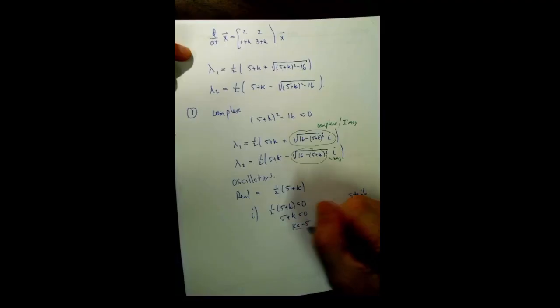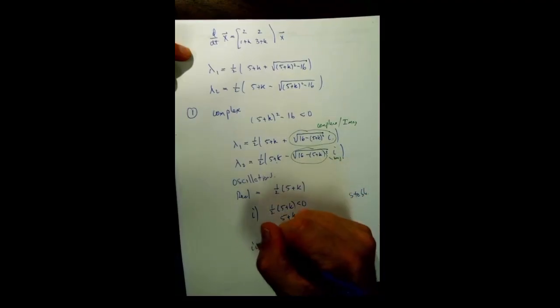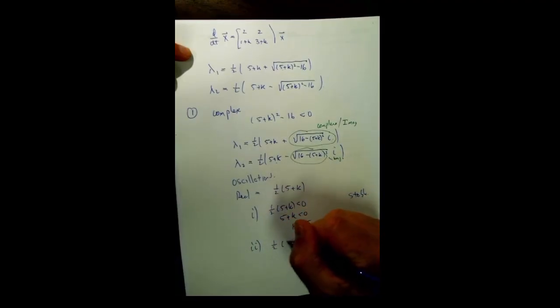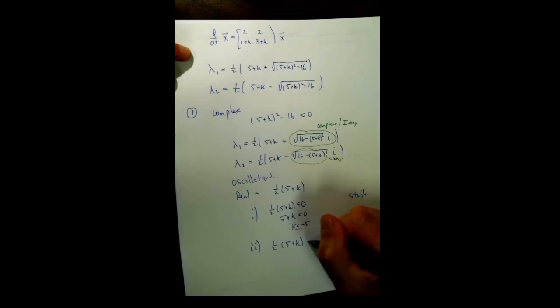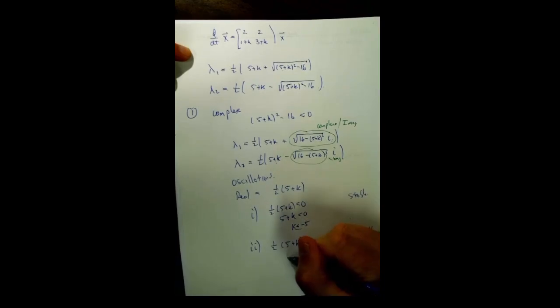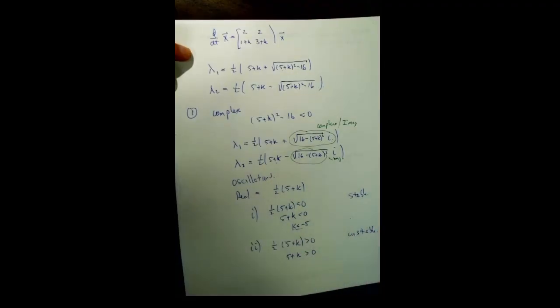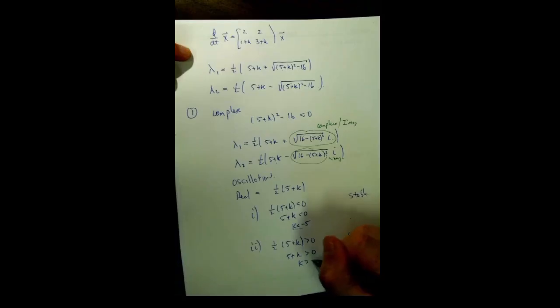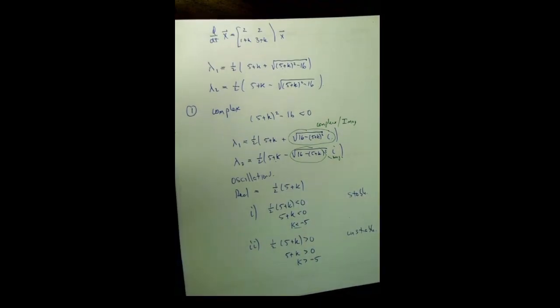If this is the case, it's going to be stable. Likewise, if 1/2 of 5 plus k is greater than 0, it's going to be unstable. Multiply both sides by 2, so I get 5 plus k is greater than 0, k is greater than minus 5.